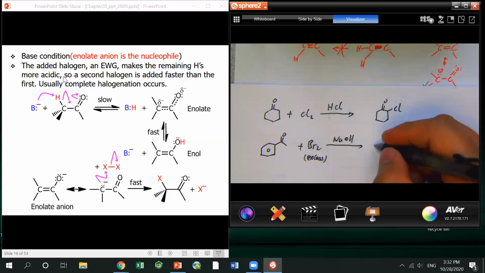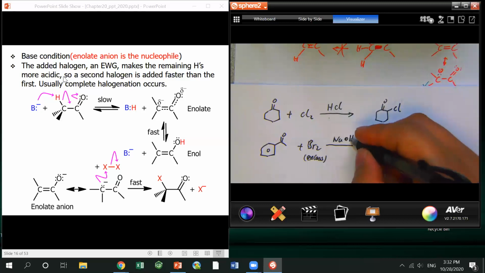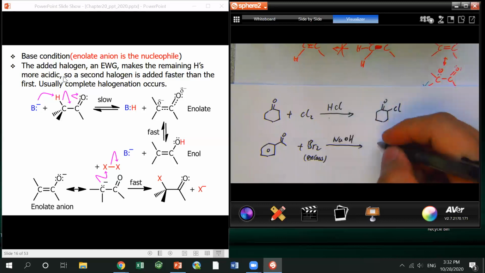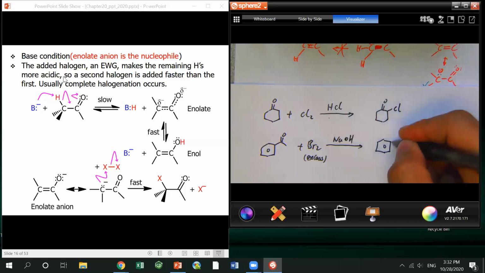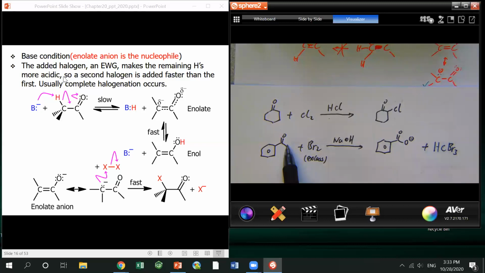Once this reaction is done, if you didn't do any workup, what's the final product? The carboxylate, plus what we call bromoform. So pretty much you're totally clear of the methyl group.